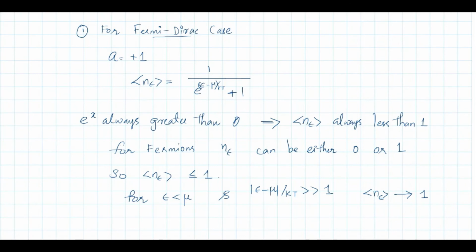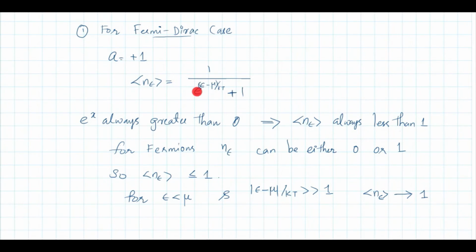Okay. Now, for epsilon less than mu, this quantity will be negative. For epsilon less than mu, the exponential is raised to a negative quantity. And suppose the magnitude of epsilon minus mu by kT is very high and its sign is negative.